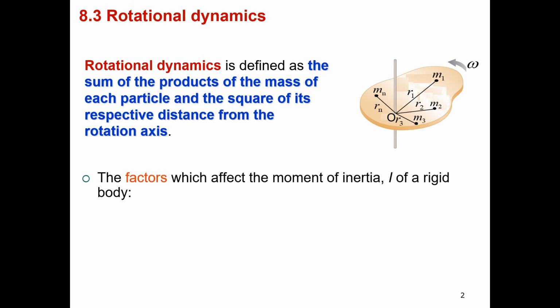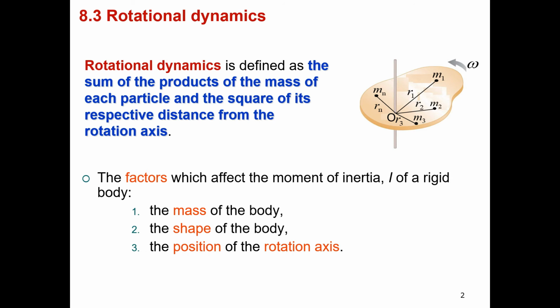The factors that affect the moment of inertia of a rigid body are: the first one is the mass of the body, the second one is the shape of the body, and the last one is the position of the rotation axis.